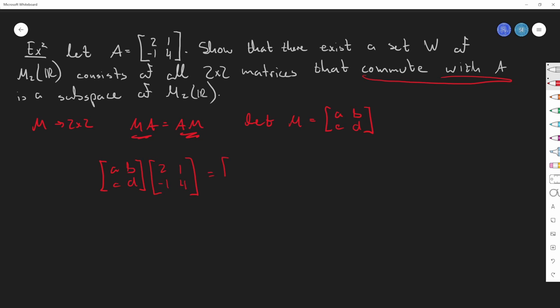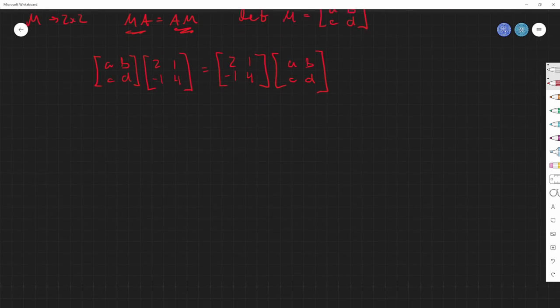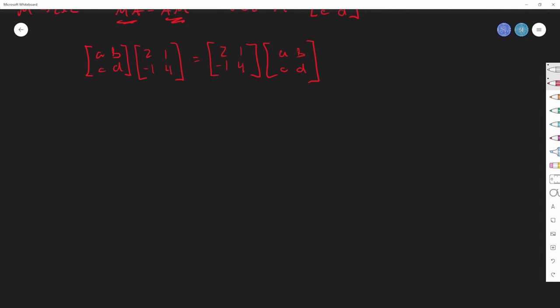And this is equal to 2, 1, negative 1, 4 multiplied by a, b, c, d. What we're going to do now is multiply both sides into a 2 by 2 matrix, because the columns of the first one equal the rows of the second one, since they're both 2 by 2. So our result will also be a 2 by 2.